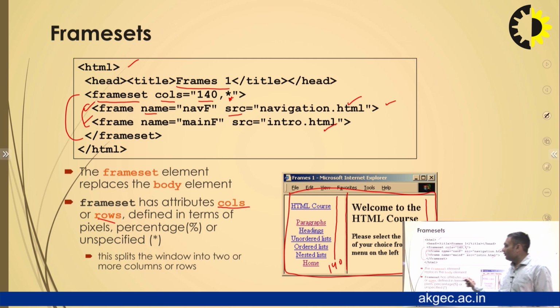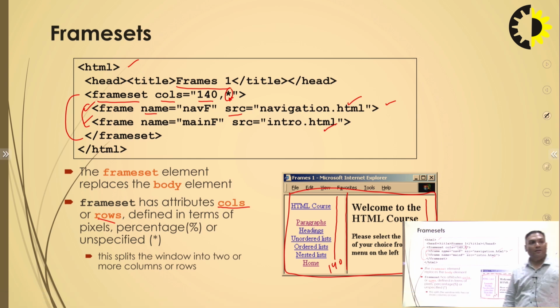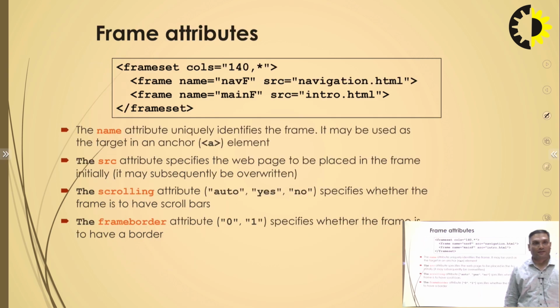These values of rows and columns can be defined in terms of pixels or percentage, or if not specified, we can use star, as we have used here. Star means the rest of the window will be used to display another frame. In this way we can define multiple frames in the same window using the frameset tag.